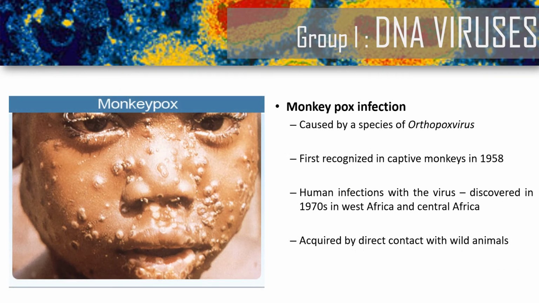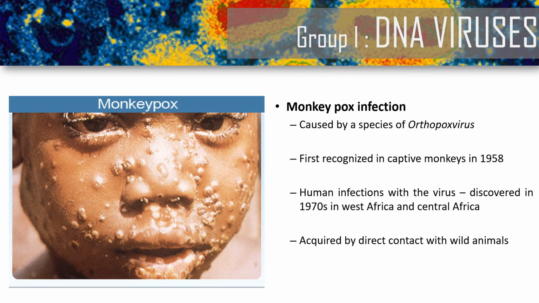So under your pox viruses, other than your smallpox and cowpox, we also have your monkeypox, caused by a species of orthopox virus. First recognized in captive monkeys in 1958. However, may cross-infection na human infections with the virus discovered in 1970s in West Africa and Central Africa.